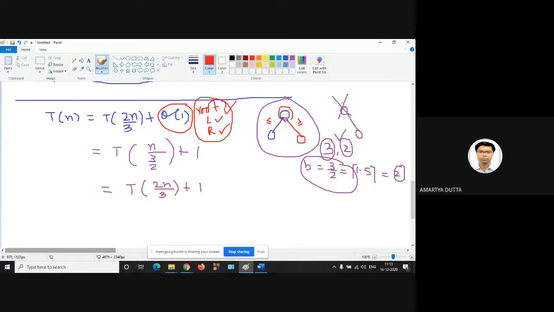Now in case of worst case behavior, one node is absent, and obviously this should be the right node because your heap is a complete binary tree. You have to fill from left to right. So the left node should be there. So omit this particular node.